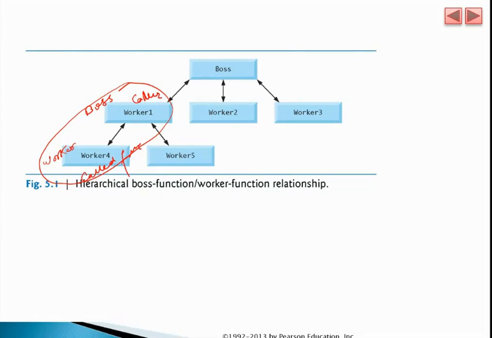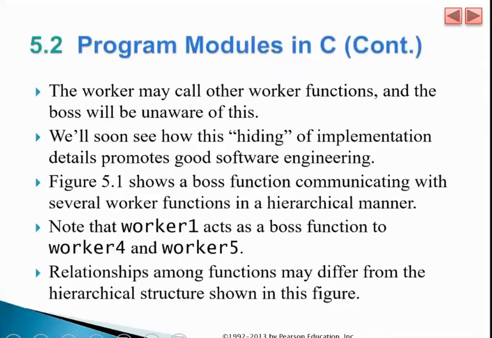In this scenario, the boss function or the main function is not aware of which other functions worker 1 is calling, and this is called hiding of unnecessary details. The worker function may call other worker functions and the boss will be unaware of this. This is called hiding of implementation. The technical word used for this is abstraction.